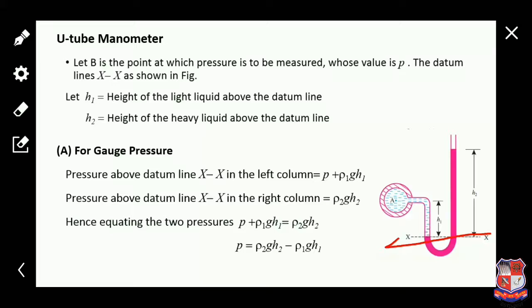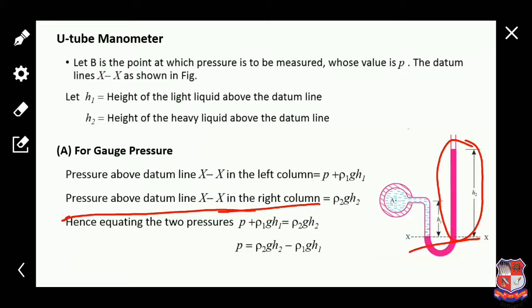Now as shown in figure, we have considered the XX datum plane. In equilibrium condition, the pressure above the datum line XX in the left column is the pressure in the pipe P plus the pressure due to the column of liquid, rho 1 g h1. Now on the right side, the pressure above the datum line XX in the right column is the pressure due to the heavy liquid column, rho 2 g h2.